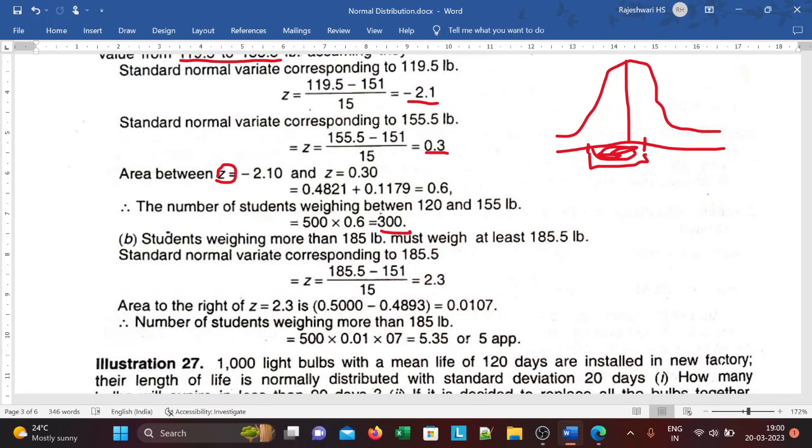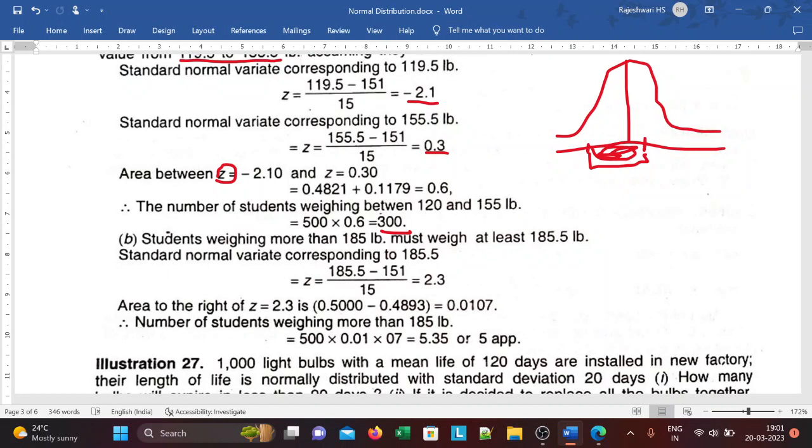So hope you understood. See the second part: weight more than 185 pounds. Remember, 185 is the x value, we are going to add 0.5, so it is 185.5. Minus the mean 115, divided by the standard deviation 15, so it is 2.3.